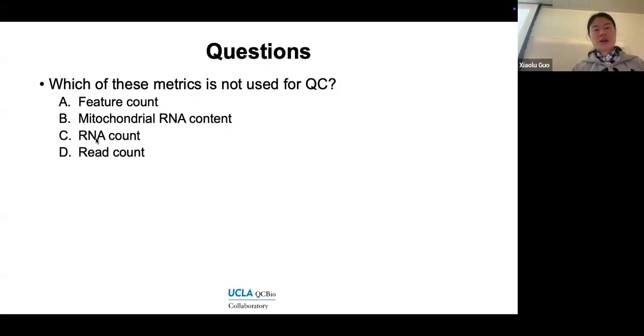With UMI, we can identify that these three reads may come from the same mRNA, so we only count it once, and that's the UMI count. If we count them 3 times, that's a read count, and read count has the PCR amplified signal bias. So that's why we don't use read count.